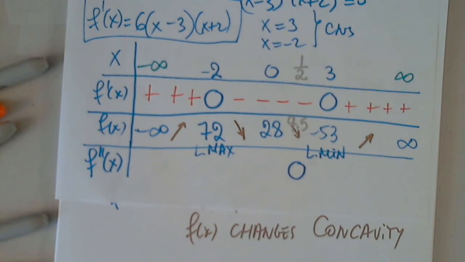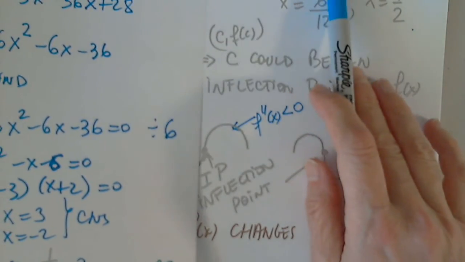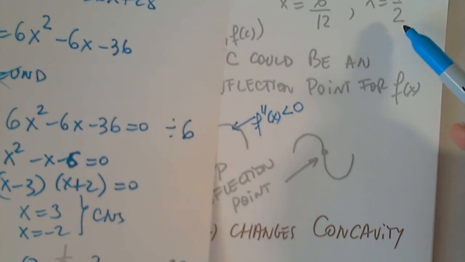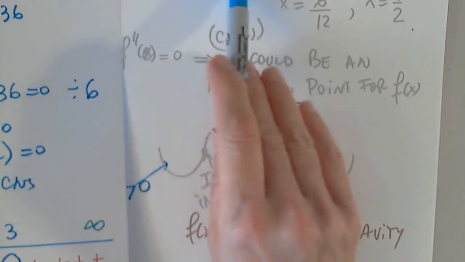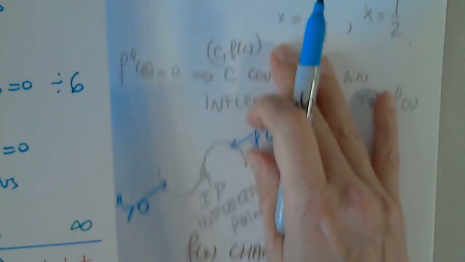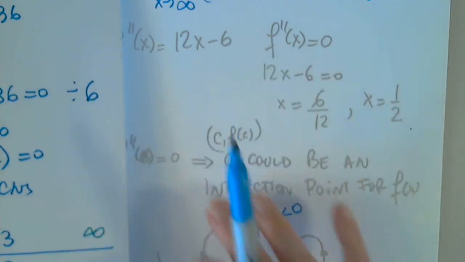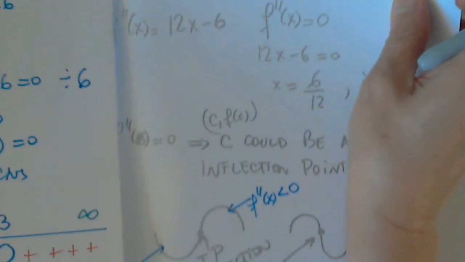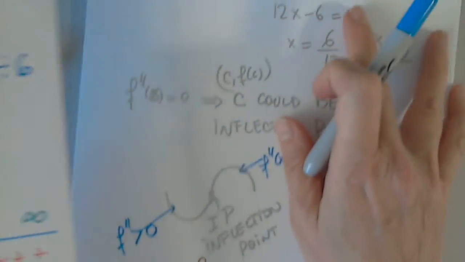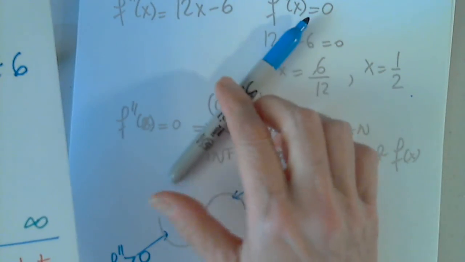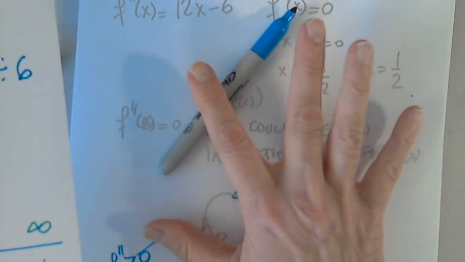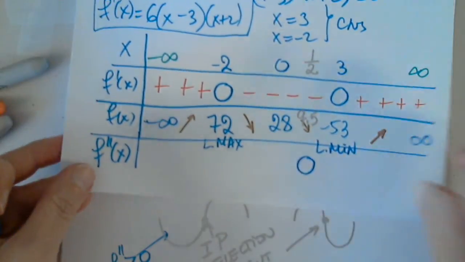The second derivative is 0 when x is 1/2. And the second derivative is a linear function with a positive slope. So what will be the sign of such a function? From negative to positive. Or just plug in a number.